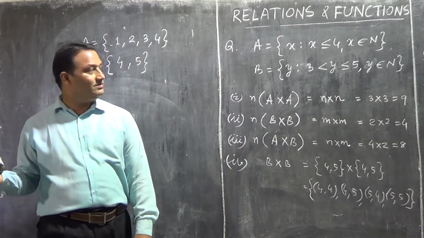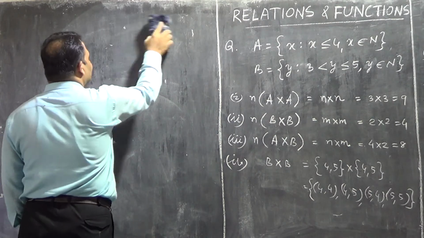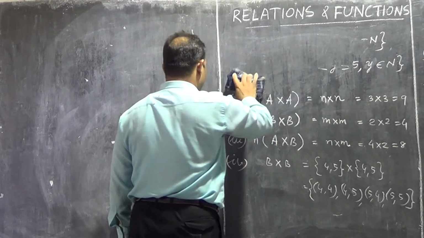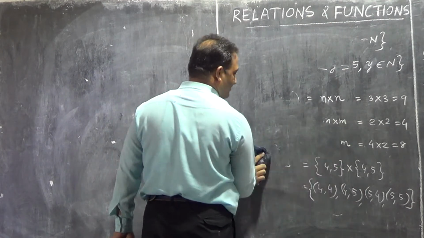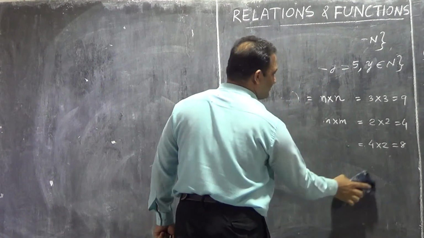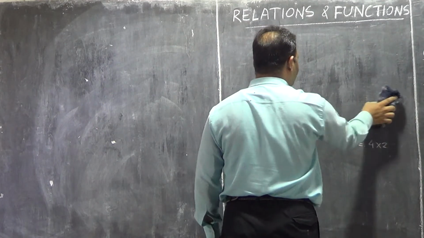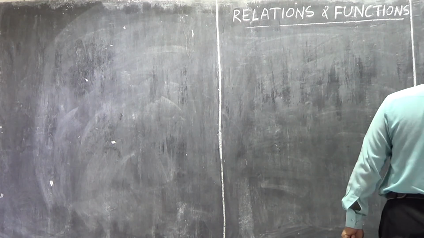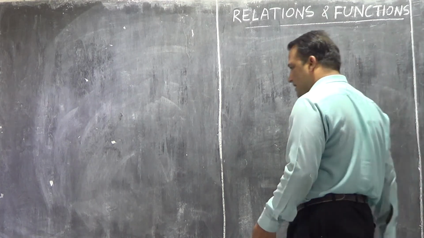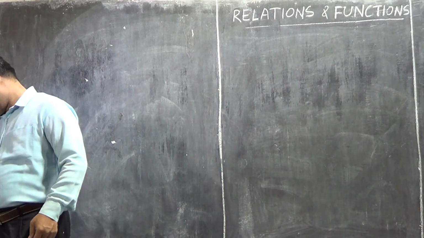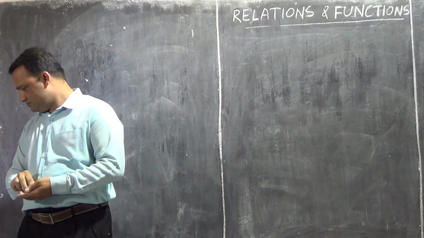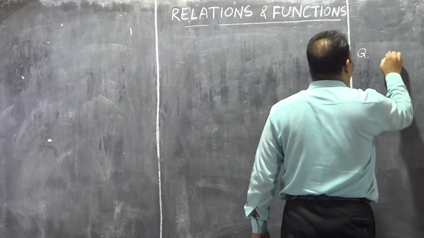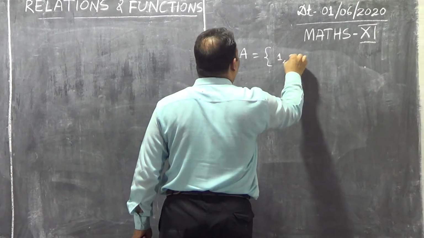So these are the simple questions based on the topic that we have learnt. We will take one more question now. Set A has 3 elements 1, 2, 3.